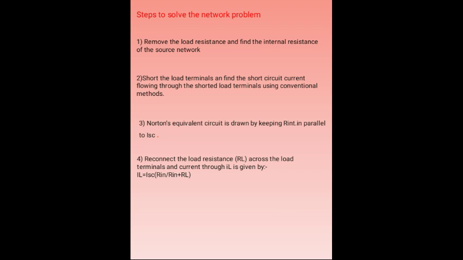What is the current division rule? According to the current division rule, if we have to divide the value of current in two parallel branches which have resistances R1 and R2, and we want to find the value of current in R1, then we will find the current as the total current of the source into the parallel branch of that branch, that is R2.